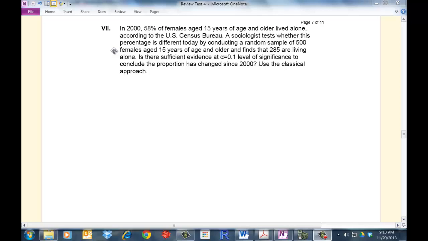Is there sufficient evidence at the alpha equals 0.1 level of significance to conclude that the proportion has changed since 2000? Use the classical approach.